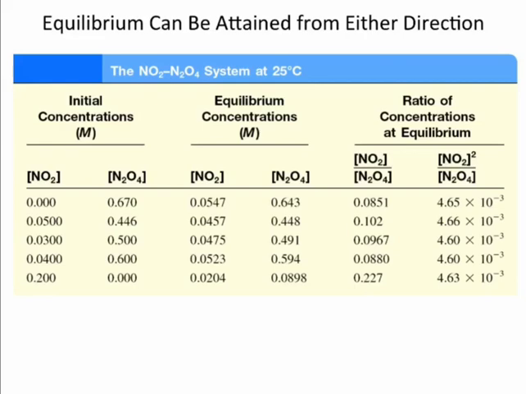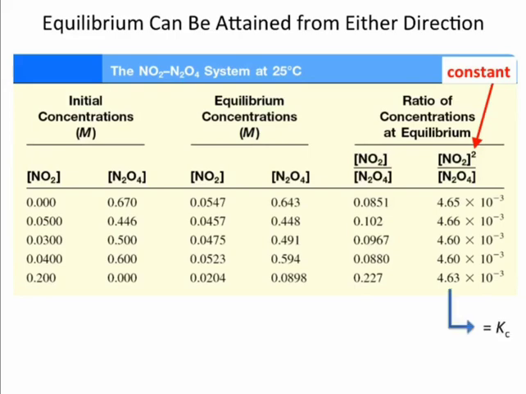What if you just take the products divided by the reactants? You get some number that changes. That's not useful. But if you take the product squared and divide by the reactant, then we get something that is pretty much constant. The numbers change a little bit because it's experimental data, so there's some noise in here. But NO2 squared divided by N2O4, products divided by reactants, gives us something that's constant.